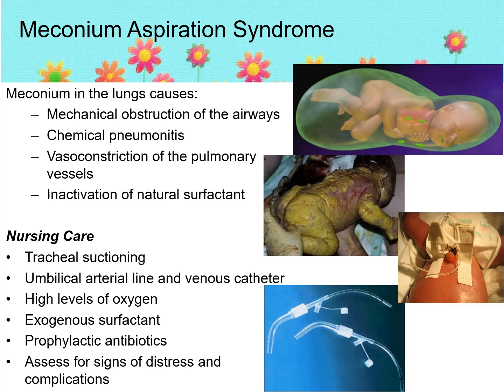You'll experience a very strong foul odor as well. Now these babies are going to show distress like pallor or cyanosis, apnea, slow heartbeat, RDS, a barrel-shaped chest, decreased air movement, and rales or rhonchi.